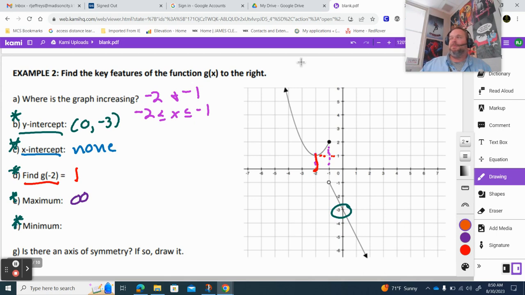Our minimum, where's the lowest point on this graph? And my lowest point would be teaching. It would. Okay, so it would be negative infinity.